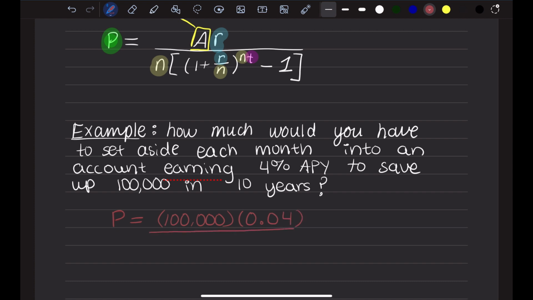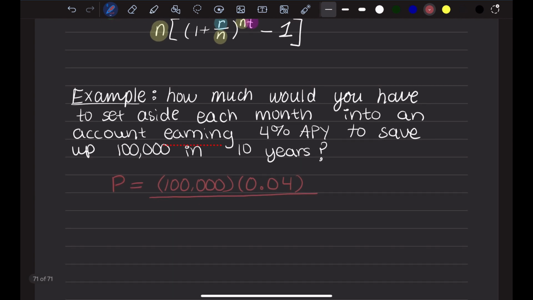And I'm going to divide out by, I'll have N, which if we're setting it aside each month, and we're going to make the assumption that the account is compounding once a month, our N would be 12. And so then we have this.